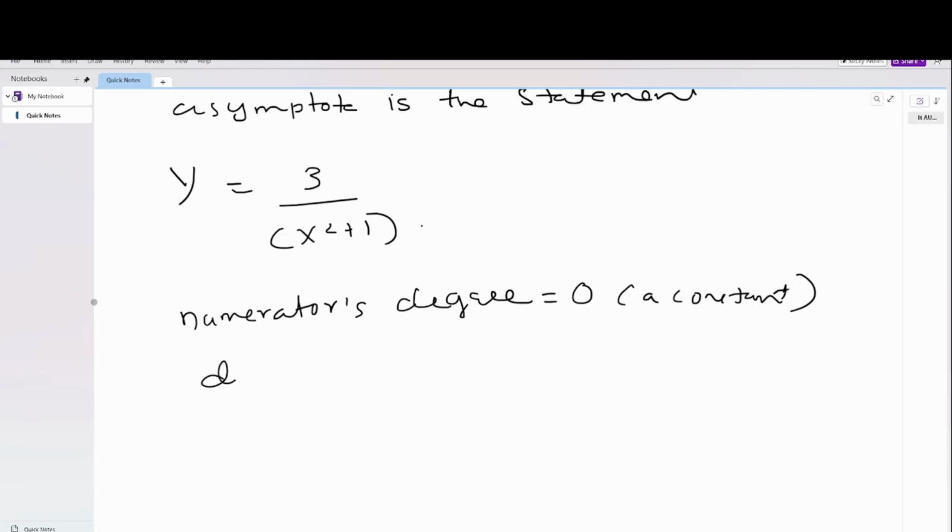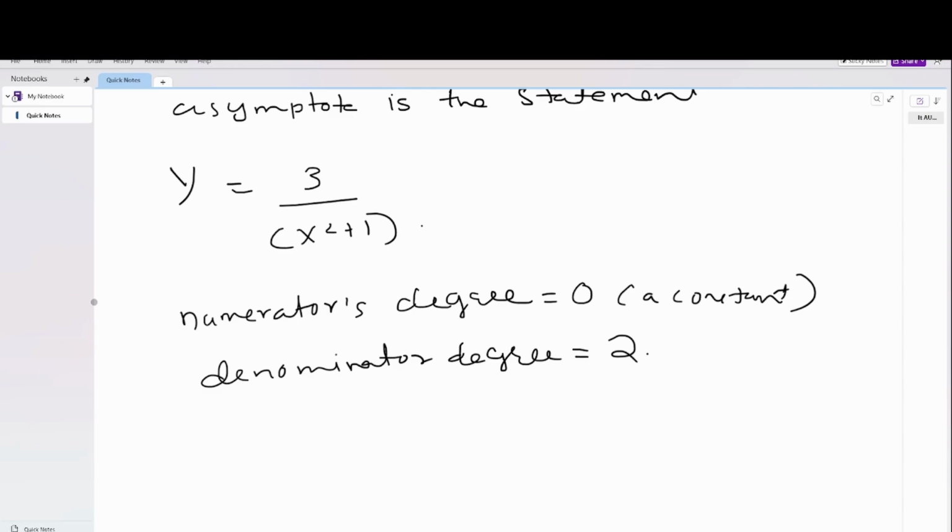But the denominator's degree is 2, which is greater than the numerator's.